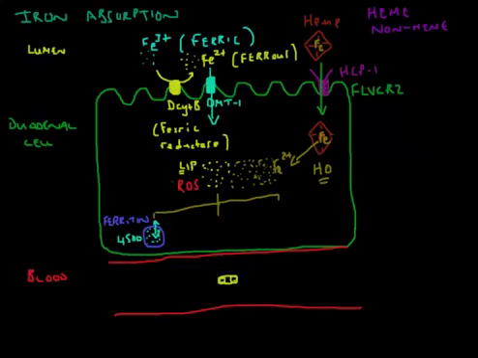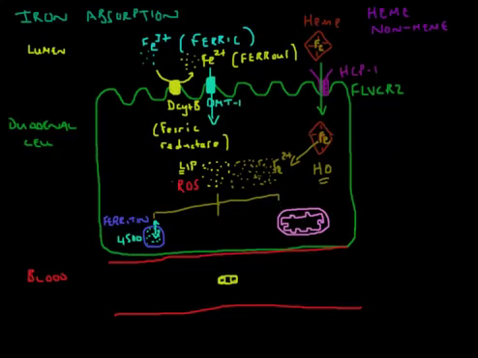The second thing that can happen is that the cell can use the iron for its own needs. So let's draw, for instance, a mitochondrion here. Okay, so let's say this is a mitochondrion, which, as you would remember, is the energy production area of the cell, but there's also a whole lot of enzymes in here, and this is also where heme synthesis takes place.